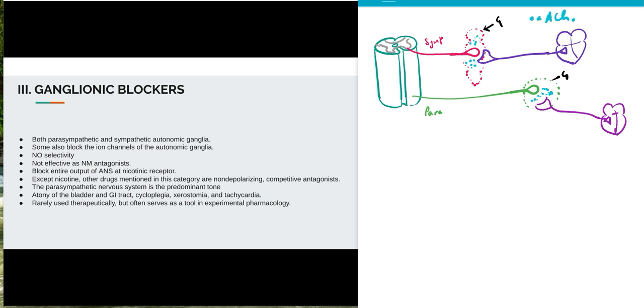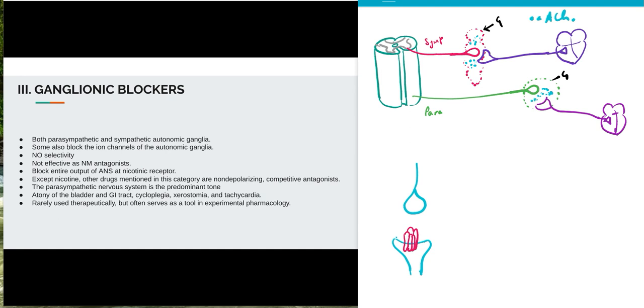Now there are two ways in which it will work. Suppose this is one nerve ending, and let's say this is the postsynaptic part. Now over here, if you remember, there is an ion channel present.